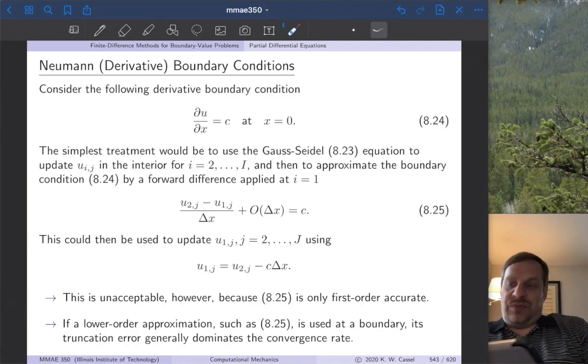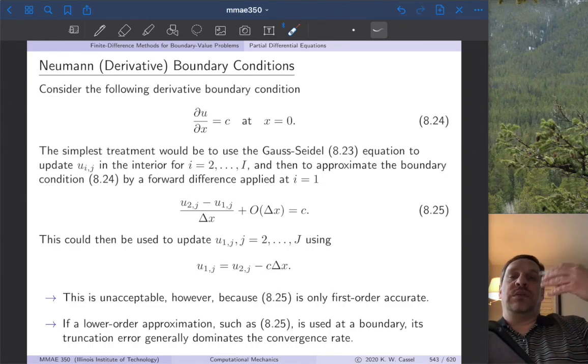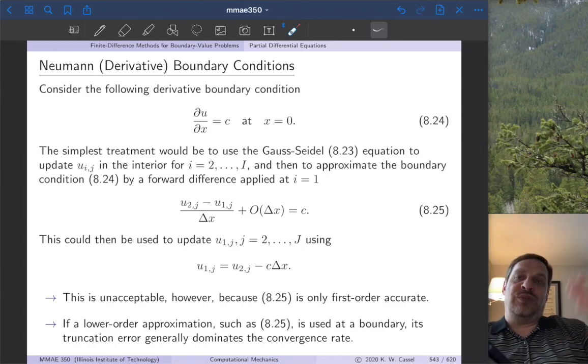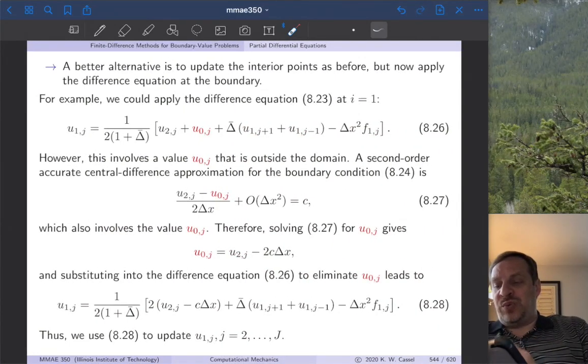What happens in practice, unfortunately, is if any one portion of your domain only converges at a first order rate, then the whole thing gets bogged down. It basically goes to the least common denominator. So even though most of the domain is being updated using second order techniques, just because we have a first order technique along one boundary will typically kill our convergence rate. So because of that, we do not do that. That is not the best approach.